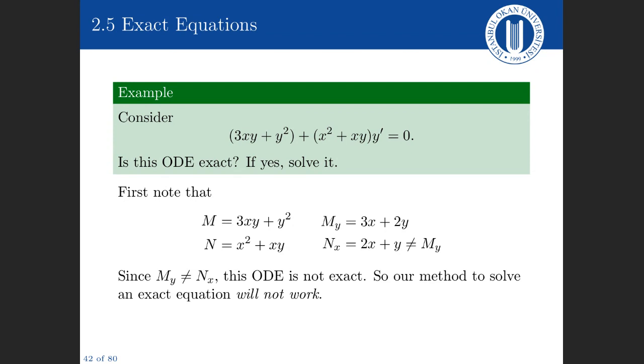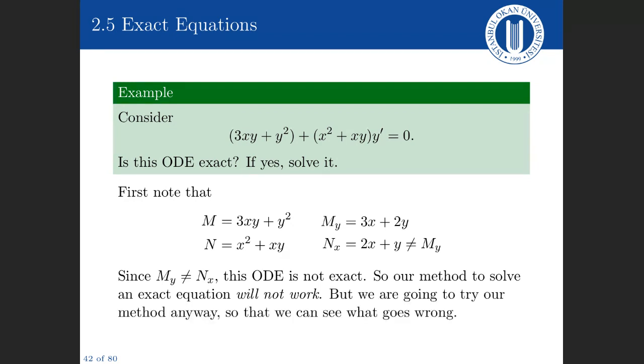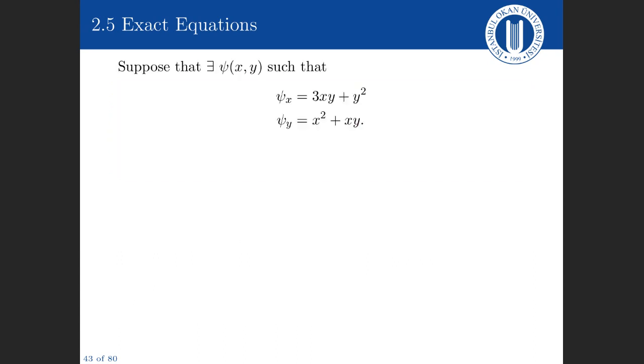This equation is not exact. So the method I've shown you will not work for this equation. But I want to try it anyway. I want to show why this method will not work for an equation which is not exact.